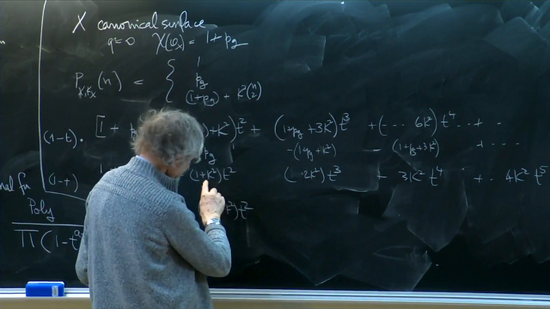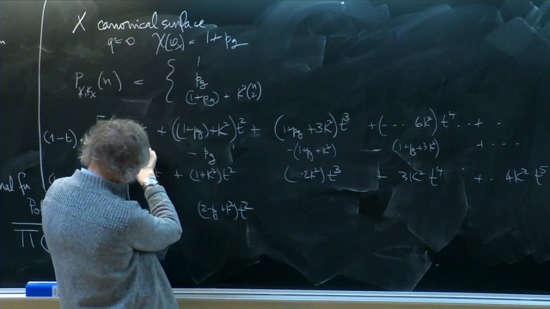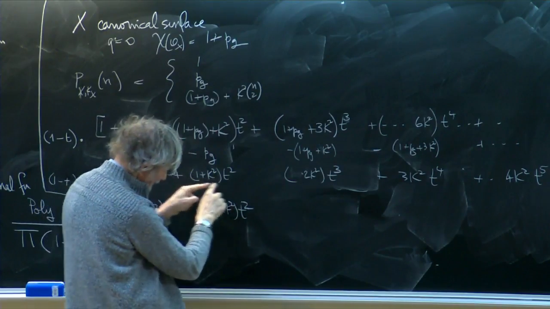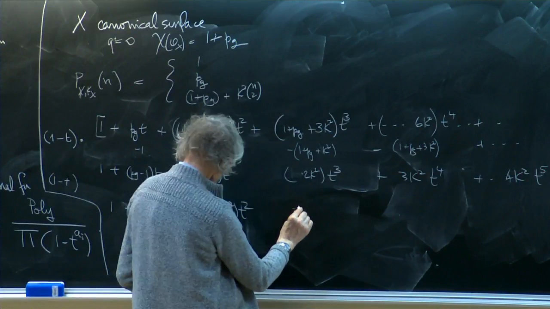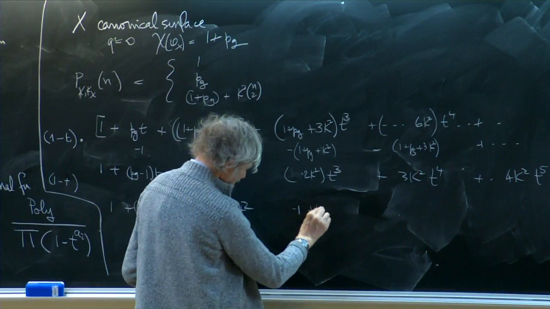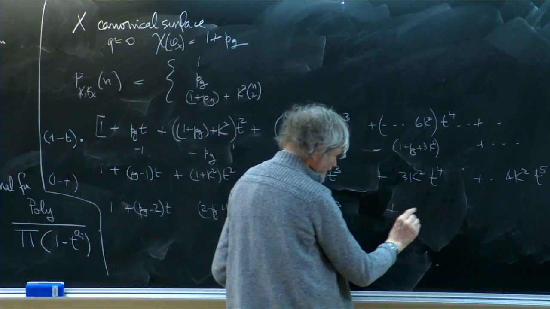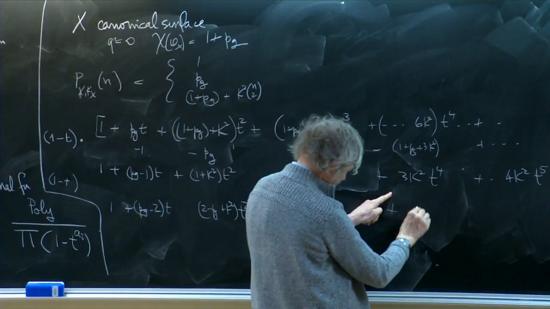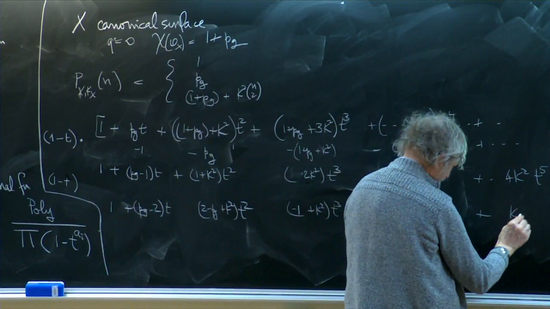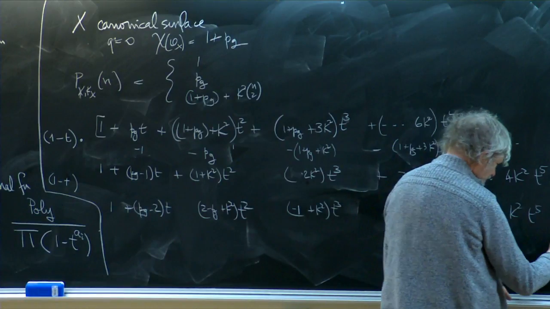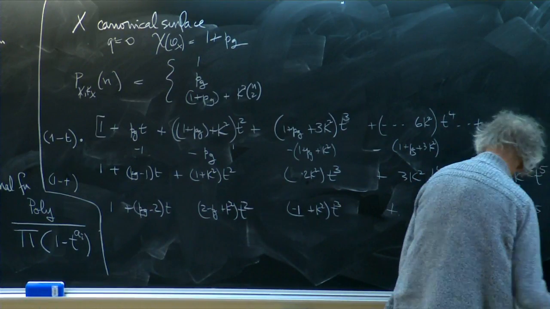And when I'm subtracting this 1, which was sort of exceptional here and became exceptional here, now that becomes exceptional here, it is minus 1 plus k squared t cubed. And then from then on, the 2k squared comes from there, this is k squared t to the 4th, then k squared t to the 5th, and then k squared t to the n for all n.